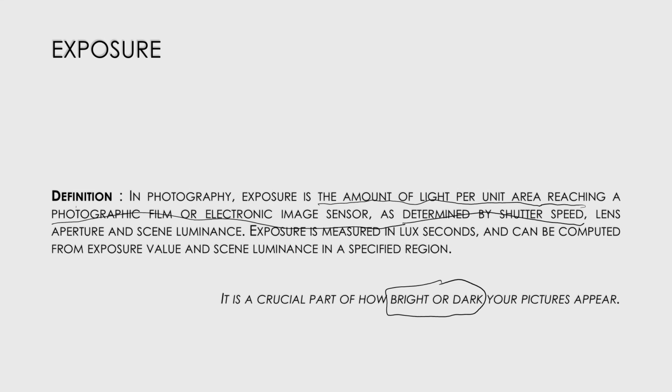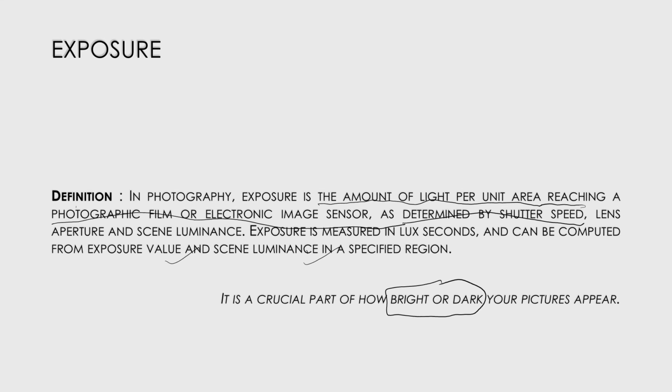This exposure is measured in lux seconds, and it can be computed from the exposure value and scene luminance units. But by definition, photography means exposure. And it is represented by the amount of light per unit area. So this becomes the photo index.